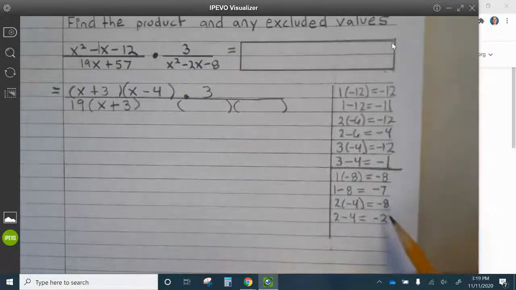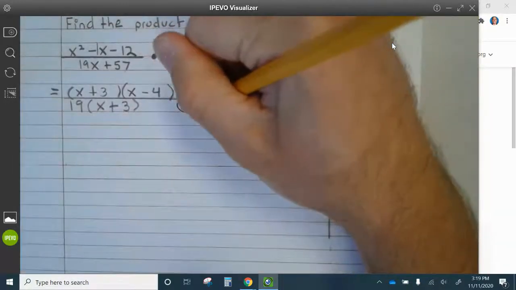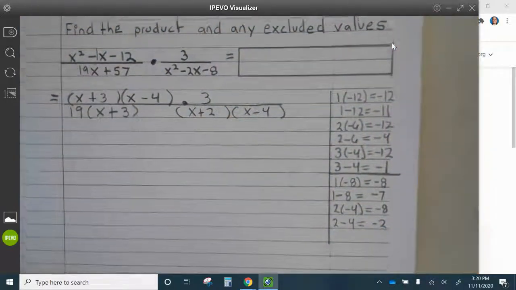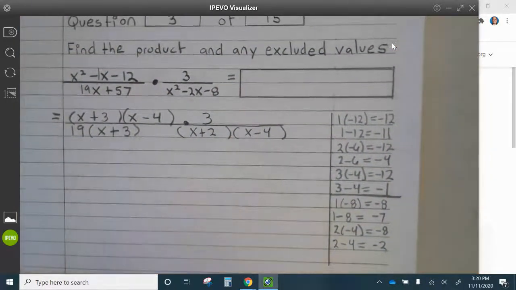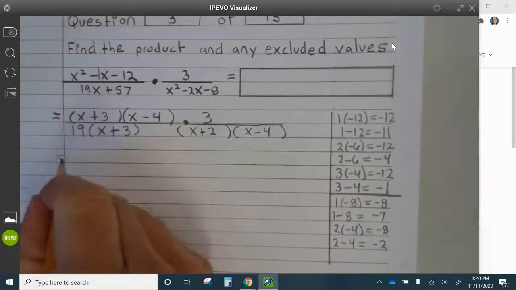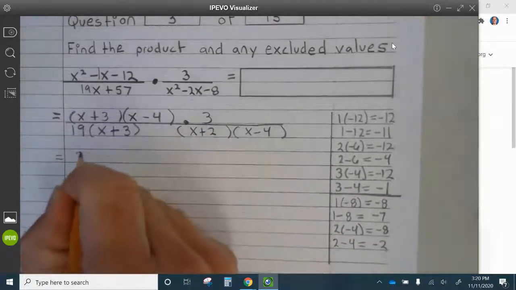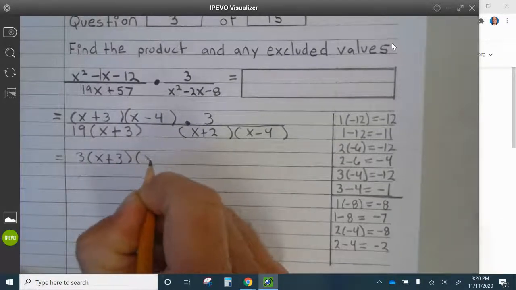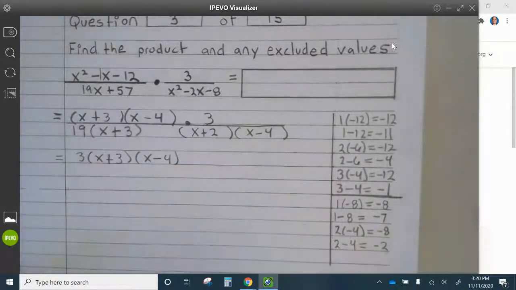So we have our negative 8 and negative 2. So our factors are x plus 2, x minus 4. At this point, we're going to rearrange the numerator and denominator so we can divide any special ones. So I'm just going to put the 3 in front. So it's 3 times x plus 3 times x minus 4.